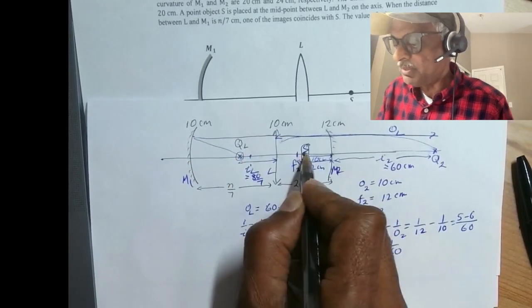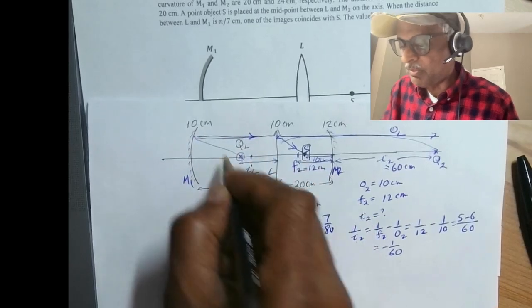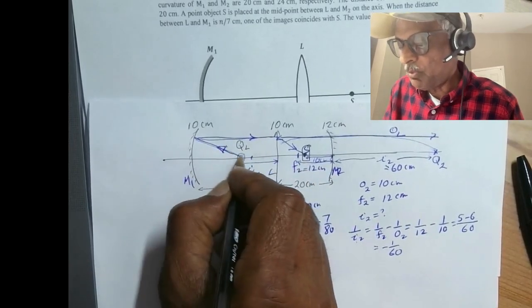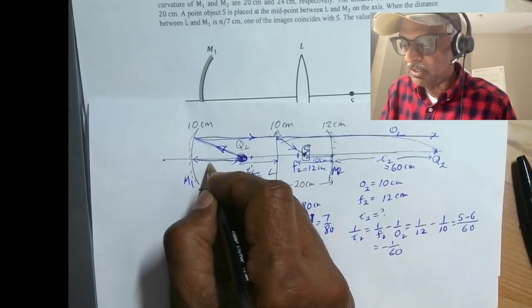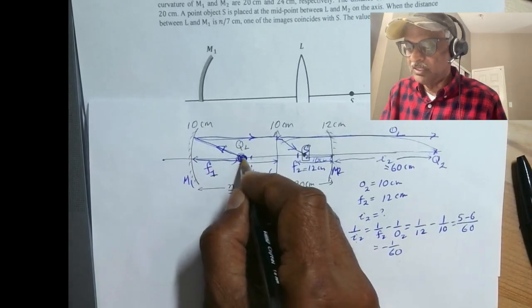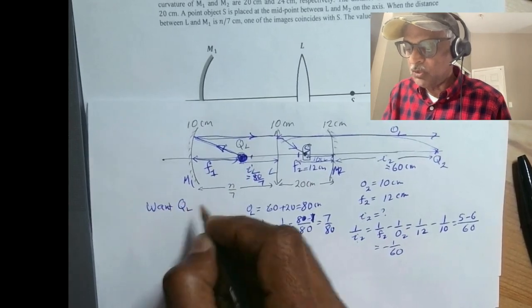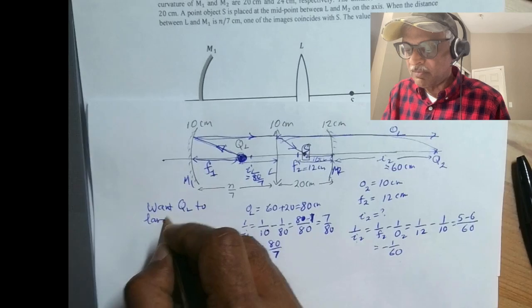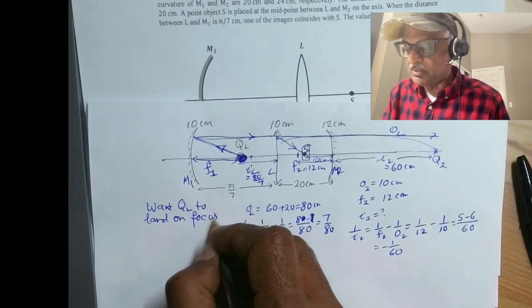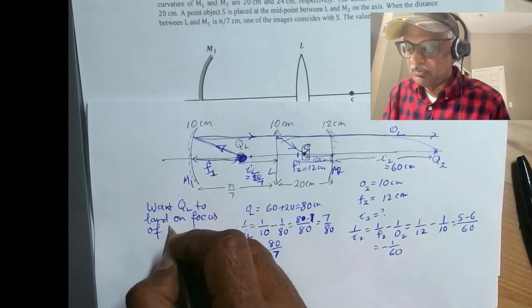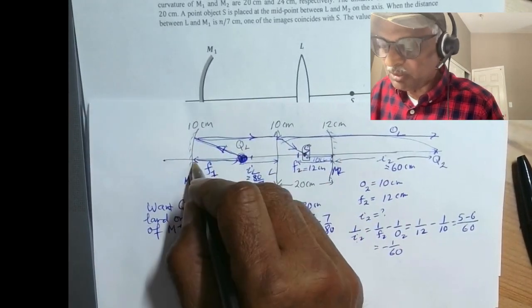So that's the strategy: we want QL to land on the focus of mirror 1.